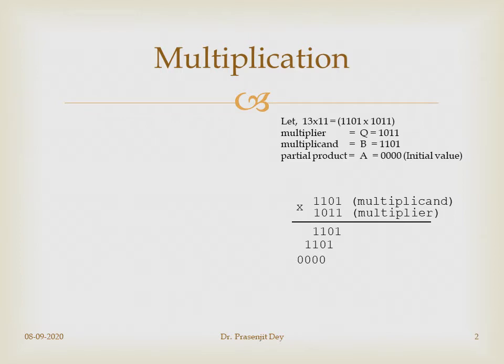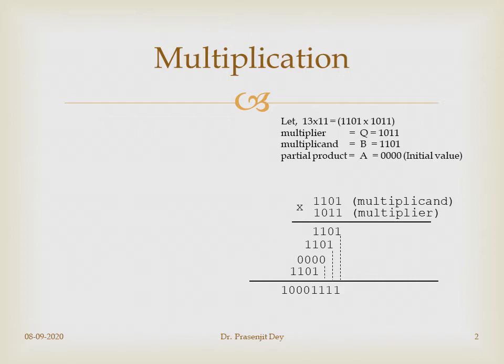Again we shift it one bit and multiply with the MSB of the multiplier, which is 1 here. So 1 into 1101 gives 1101. Now if we add them up, we get the final product, which is 1000111.